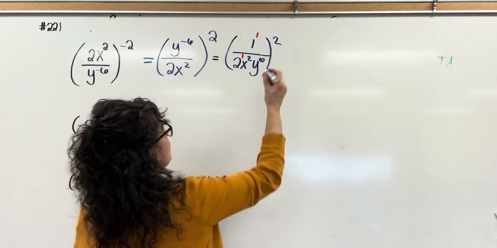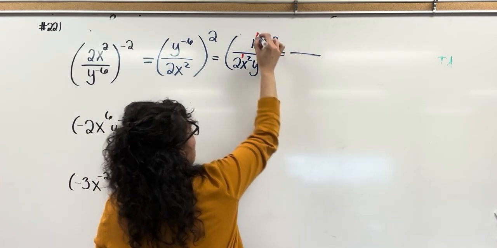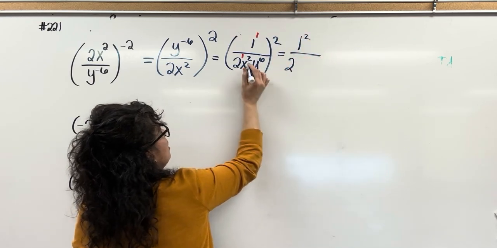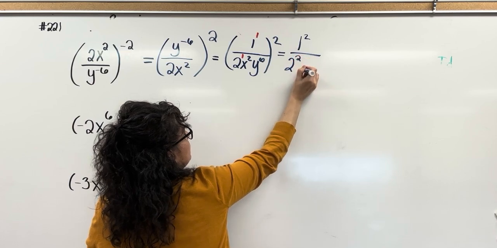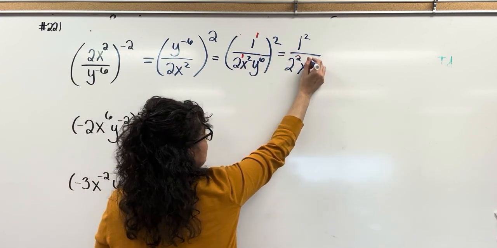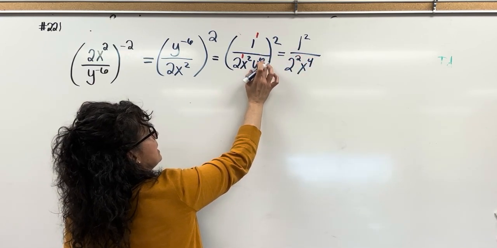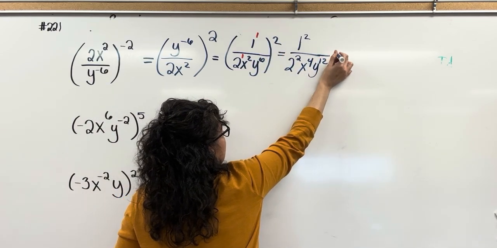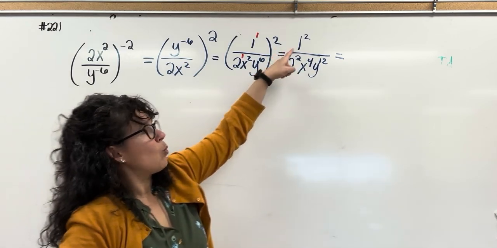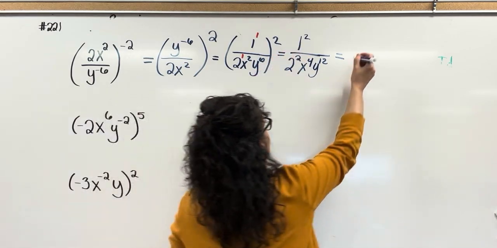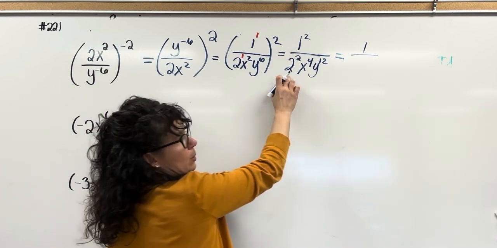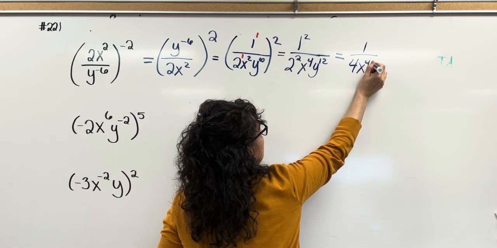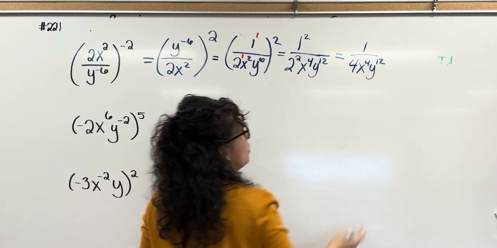So going through power to a power multiply, 1 times 2 is 2, so that's 1 squared. 2, 1 times 2 is 2x, 2 times 2 is 4, and then y to the 6, 6 times 2 is 12, so y to the 12th. Then finish simplifying there. 1 squared, 1 times 1 is 1. 2 squared, 2 times 2 is 4. I still have x to the 4th and y to the 12th.